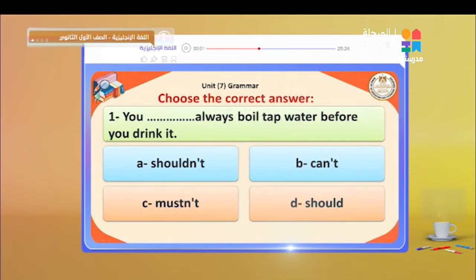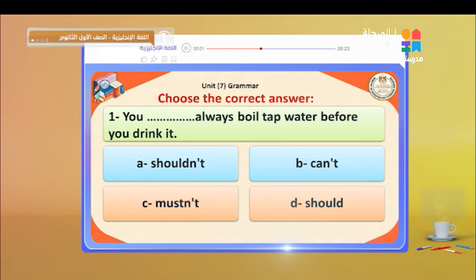Here we have some exercises for you. And remember, when can we use must, mustn't, should, shouldn't, needn't, don't have to. Number 1, you always boil tap water before you drink it. Here we have 4 options: shouldn't, can't, mustn't, or should. Of course, here we have 3 negative words and only 1 affirmative.